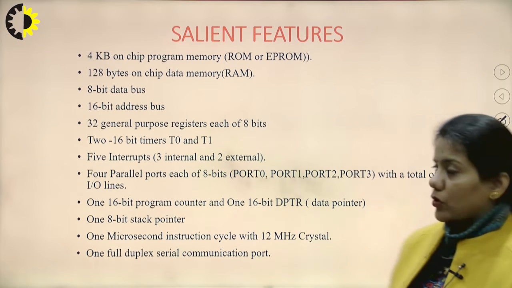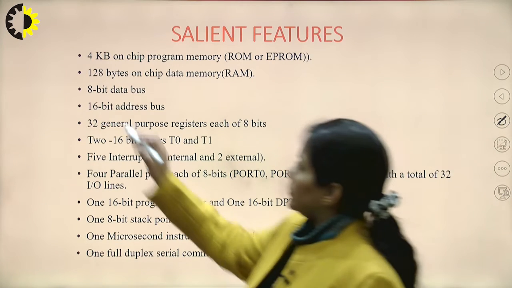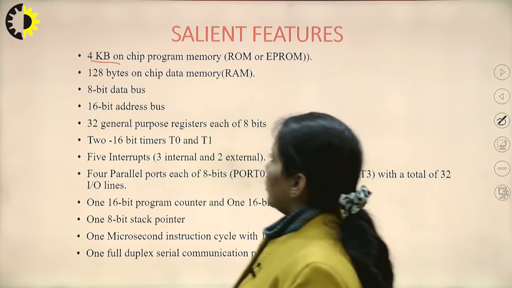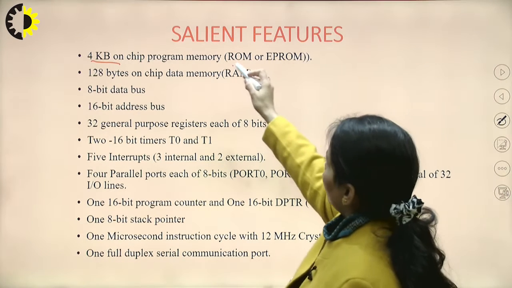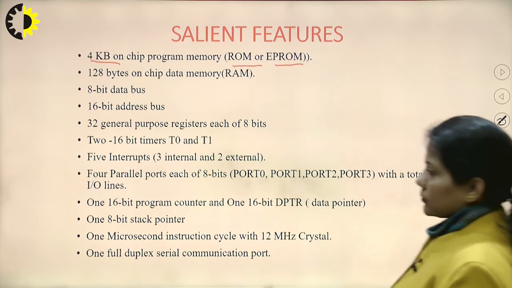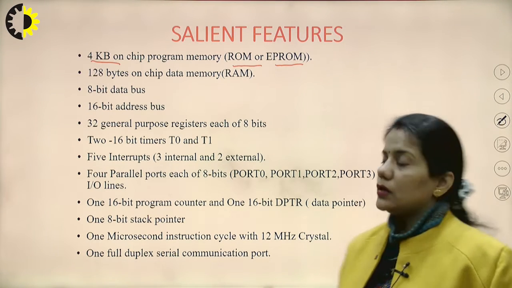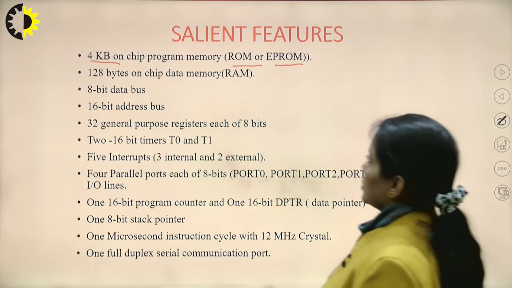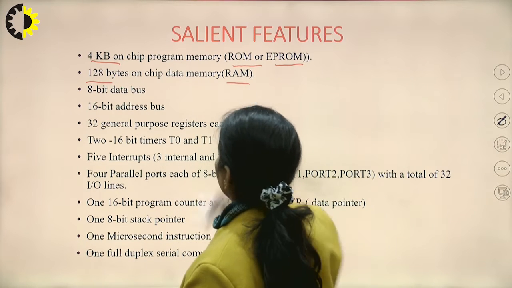So when we talk about the salient features of this microcontroller, there is 4 kilobyte on-chip program memory, that is ROM, or particularly we can say EEPROM, that is erasable programmable read-only memory. 128 bytes of on-chip data memory, that is RAM.